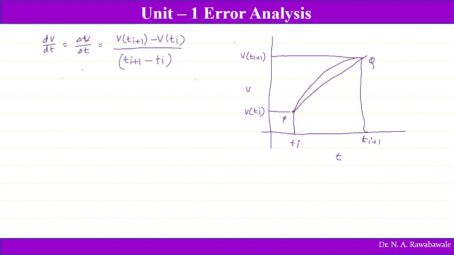So this is what we call the approximate slope, which is with respect to P and Q.